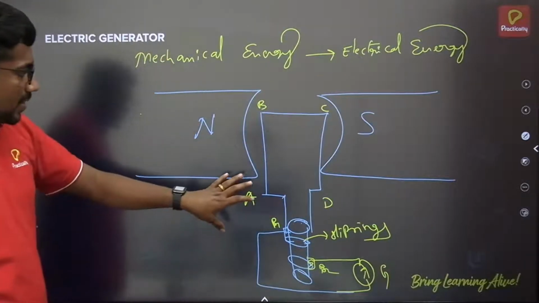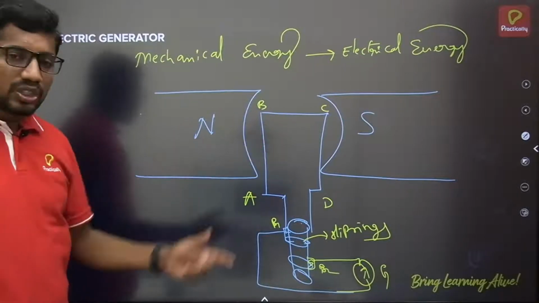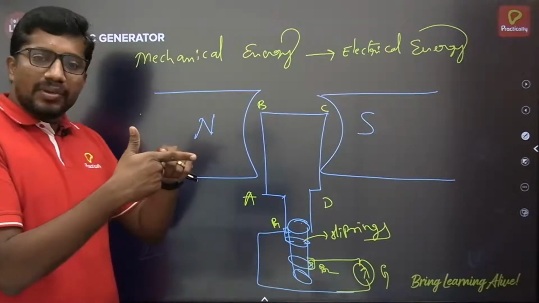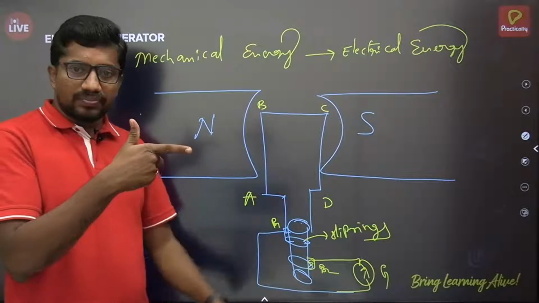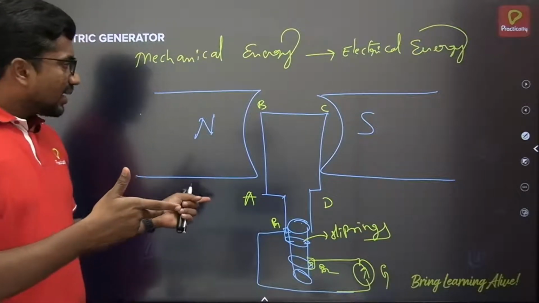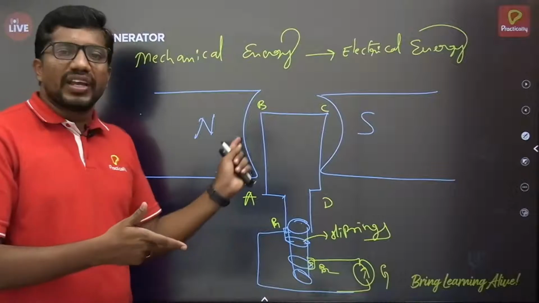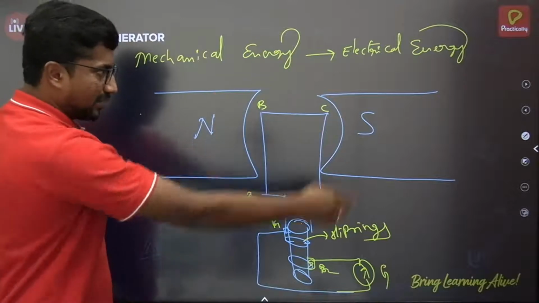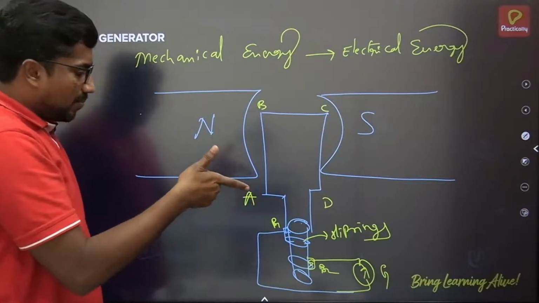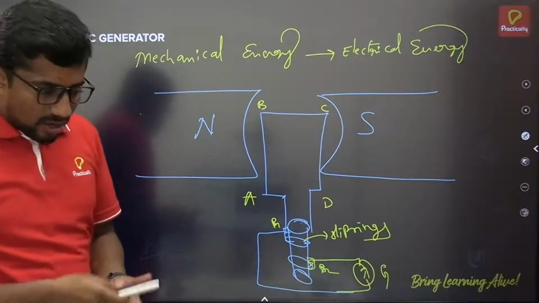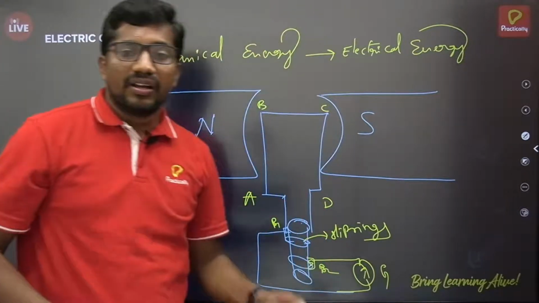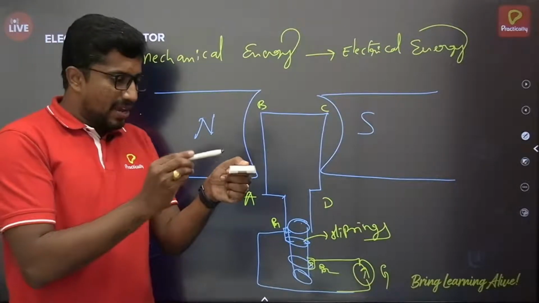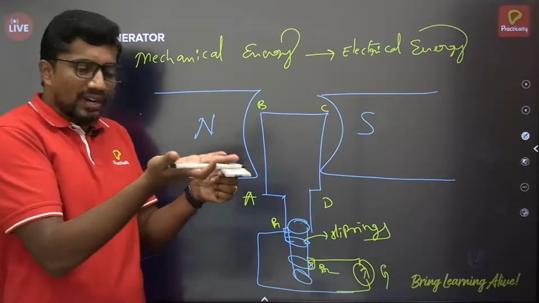Here the magnetic field is directed from north to south. You should apply Fleming's right hand rule, don't forget. So I am keeping my forefinger along the direction of north to south. Now say this coil starts moving in clockwise direction. Just as I addressed in the previous motor, this is the coil with sides A, B, C, D. Just take a book and hold it in your hand like this.